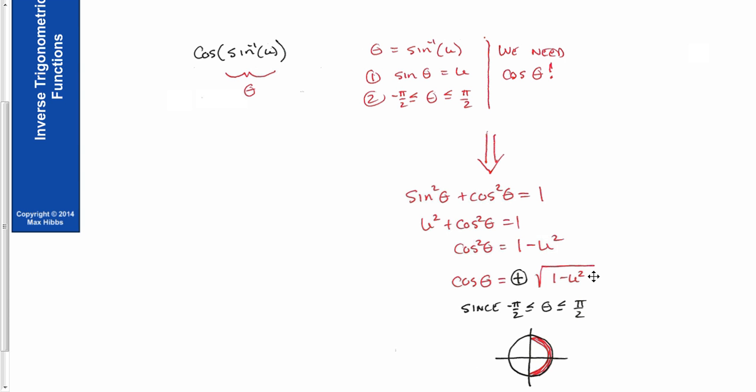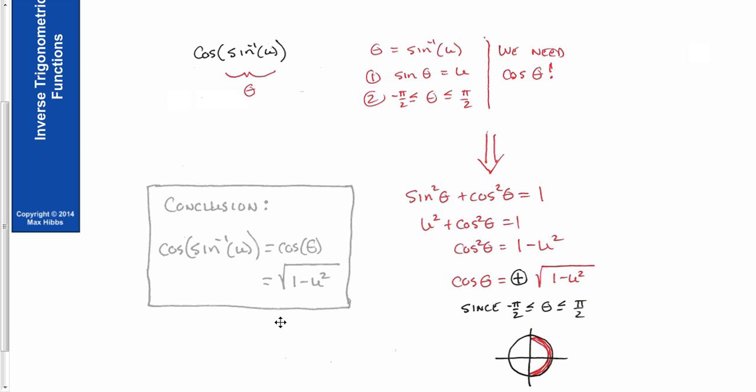Well, that's what I was looking for, wasn't it? So I can wrap this all up with my conclusion that the cosine of the inverse sine of u is the same as the cosine of theta, and the cosine of theta I've just discovered is the square root of 1 minus u squared.